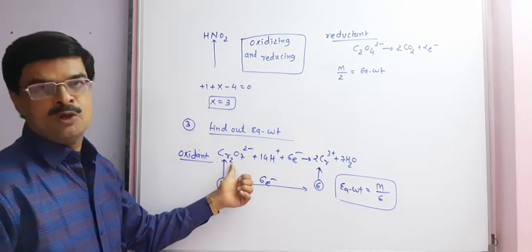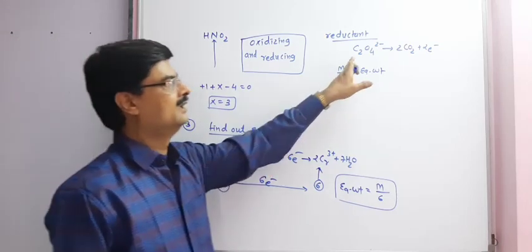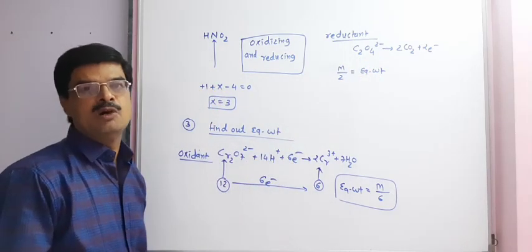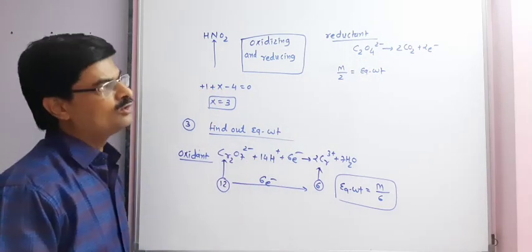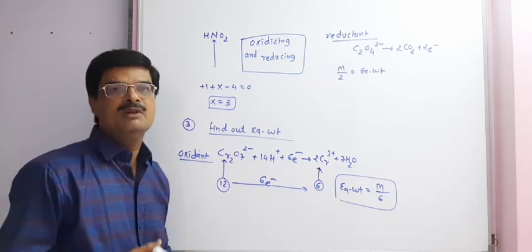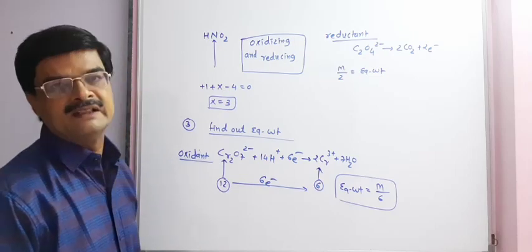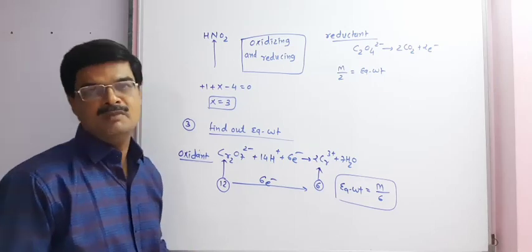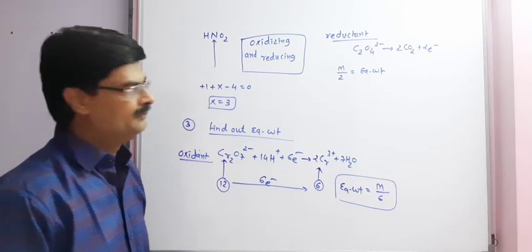After getting knowledge of dichromate ion and oxalate ion, let us study how to find out equivalent weight for the case of KMnO4, because KMnO4 acts as oxidizing agent in all the three media, basic medium, neutral medium and acidic medium as well.